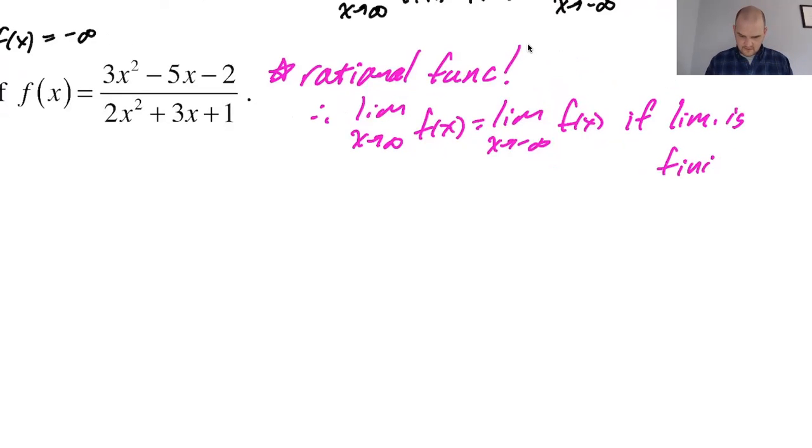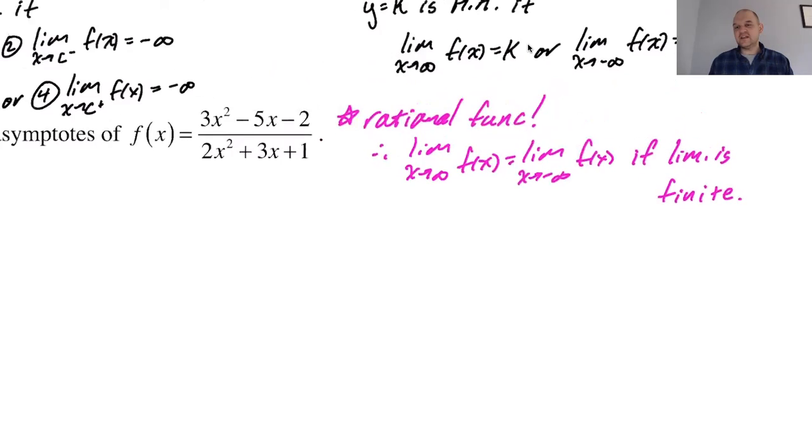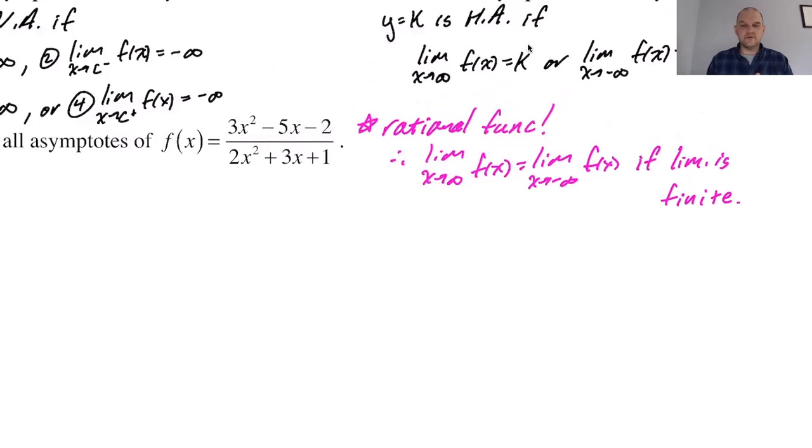How does one spell finite? Finite, right? So you can't get infinity. If you get infinity, you might get negative infinity the other way. You might get infinity, you don't know.